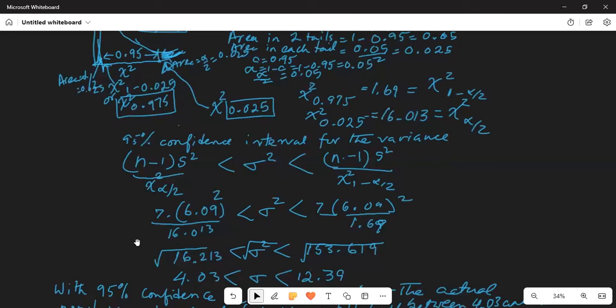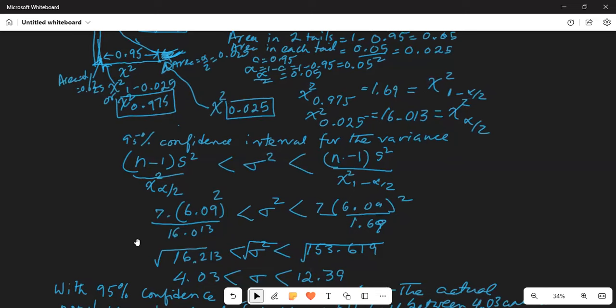Chi-square alpha by 2 is the large number which goes in the left boundary. So it is n minus 1, which is 7, times sample standard deviation squared, 7 times 6.09 squared divided by chi-square alpha by 2, which is the critical value on the right, which is 16.013. Similarly, the upper boundary is n minus 1 s squared divided by chi-square value on the left, which is 1.69, the critical chi-square value on the left tail.